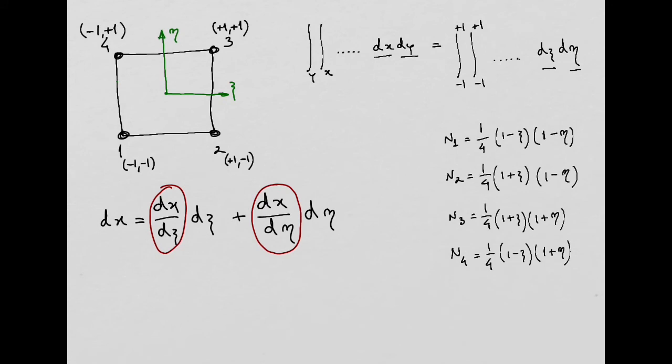So these are our shape functions for our quadrilateral element. And doing these derivatives is in fact quite easy, because we know from the isoparametric element that x is going to be equal to this summation from I equal to 1 to 4, because we have 4 nodes.